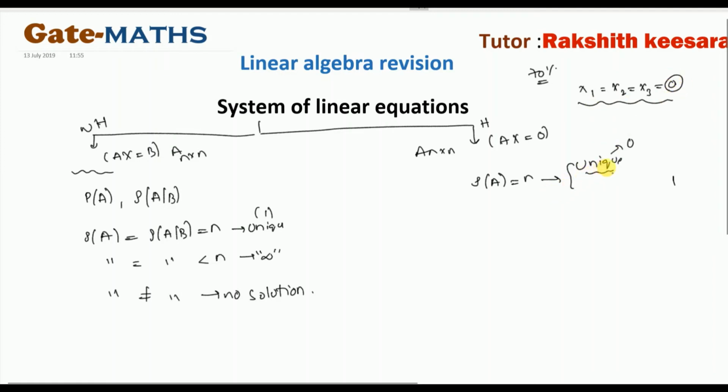It will have a unique solution and that solution is a zero solution, also called the trivial solution. And what is that solution? The answer will be 0. If rank of A less than n, then there will be an infinite number of solutions.